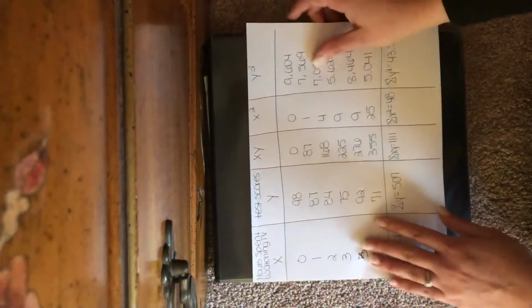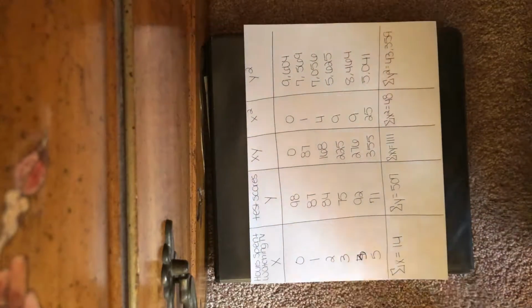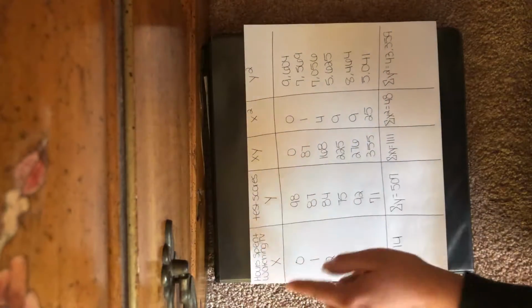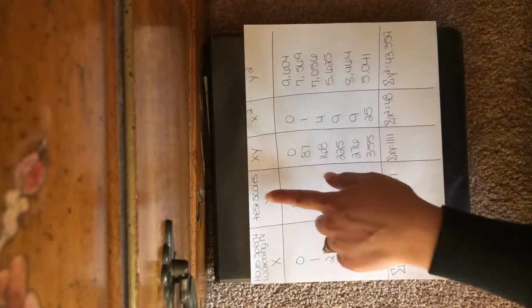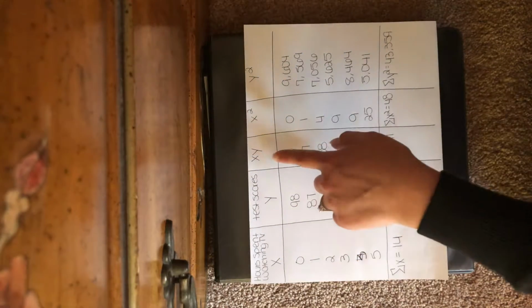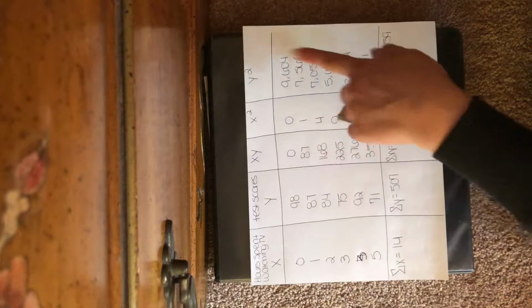So how to calculate this? I drew this table with hours spent watching TV, which is x, and test scores, which is y. Then we have to find x times y, and also x squared and y squared.